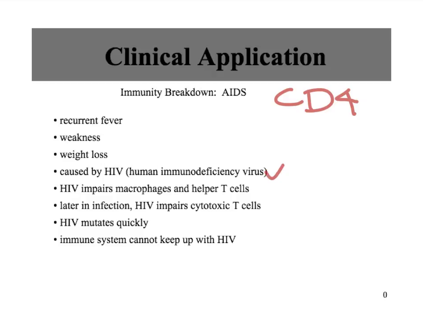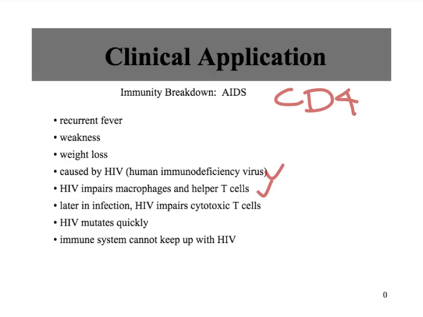Okay, we know that AIDS is a slow progression or weakening of our immune response. HIV, it says, impairs macrophages and helper T cells. Now, the helper T cells are the cells that initiate our immune response. These helper T cells contain the CD4 protein.